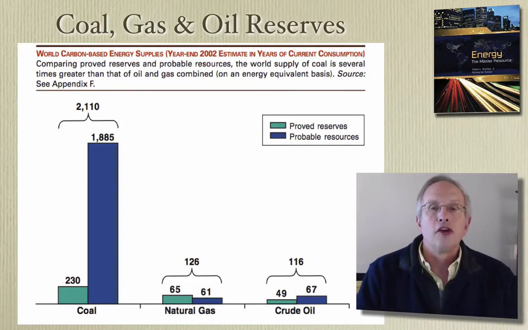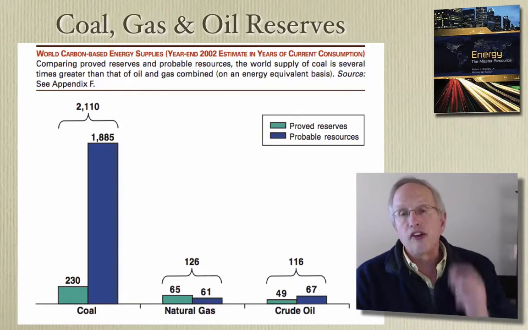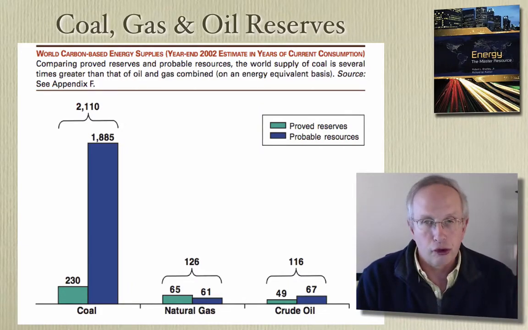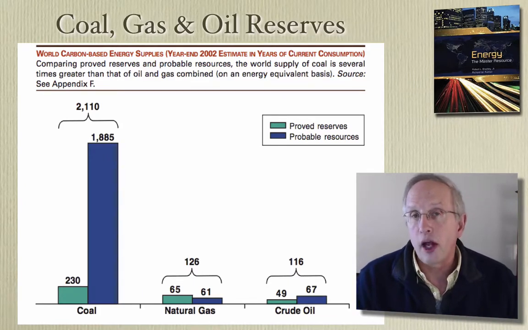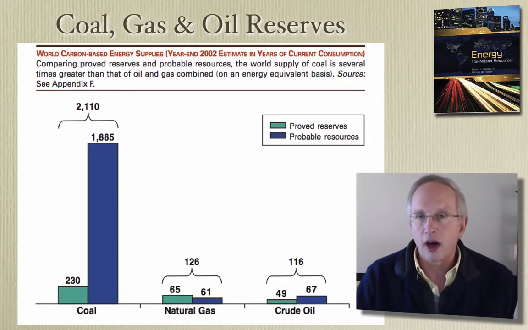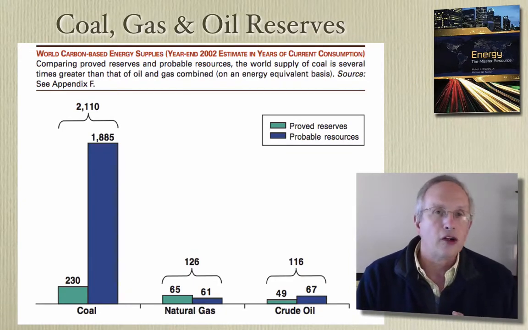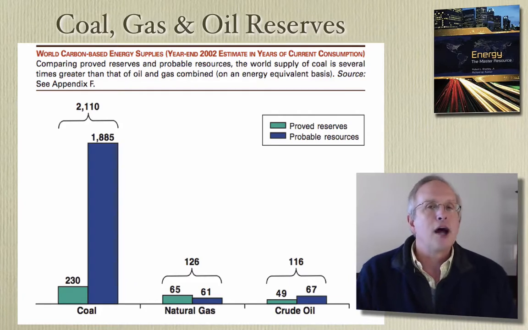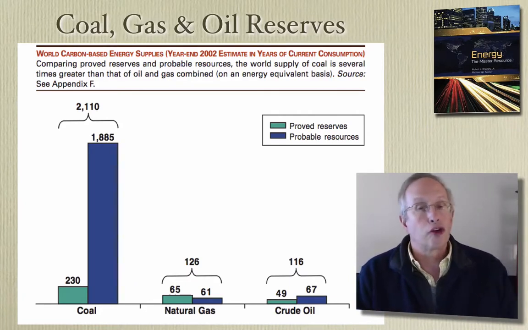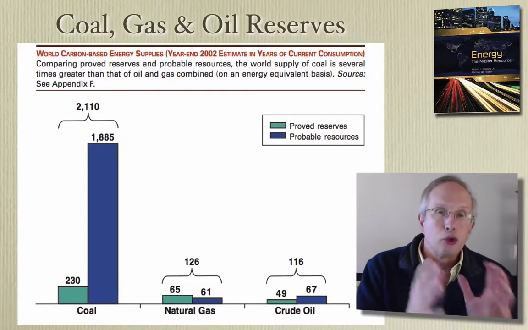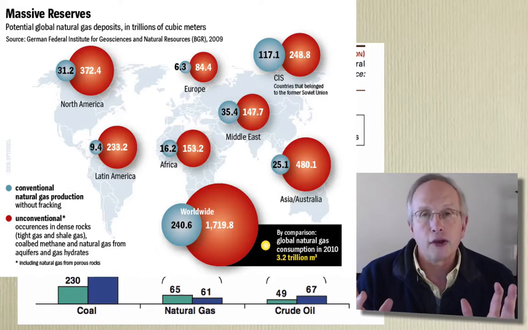Natural gas, 65 years of proved reserve and 61 years of probable resources. Now, this is from 2002. What's changed? Well, in 2005, 2006, 2007, all of a sudden shale gas comes online and massive development. So if you look at the current data, 2012 data, for proved natural gas and probable natural gas, you'll find it's dramatically more.